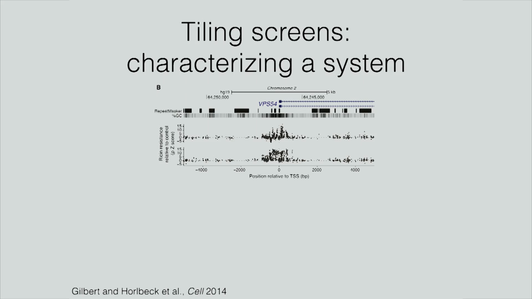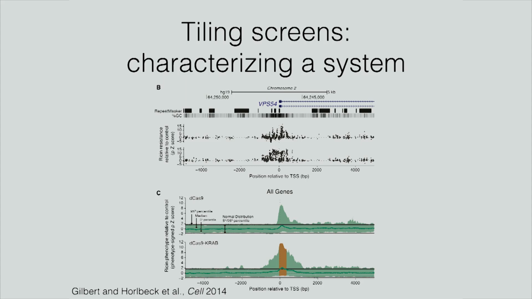But if you're doing a mediocre job, you'll see immediately that there are a lot more effective guides that you're somehow missing in your bioinformatic approach. And so, this is one example gene and an example of the metagene analysis that can be really informative for characterizing and designing a system.